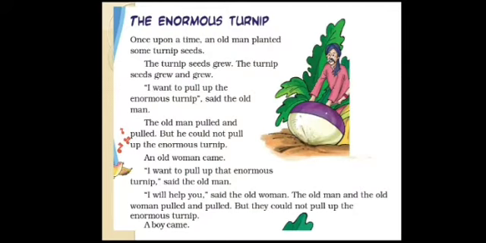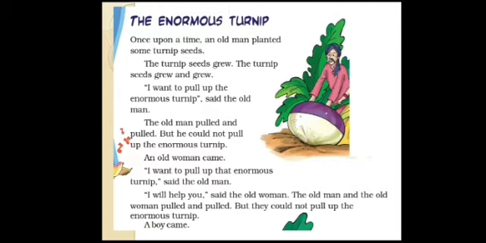So what happened? Once upon a time an old man planted some turnip seeds. You can see the old man planted some turnip seeds, and after planting, the turnip seeds grew. The turnip seeds grew and grew. Why did "grew and grew" come twice? Because to show that it grew bigger and bigger.